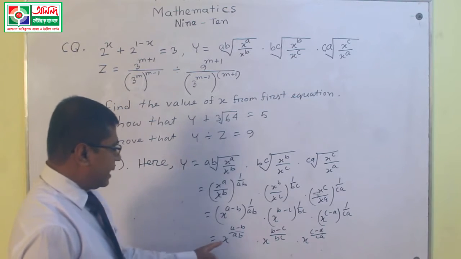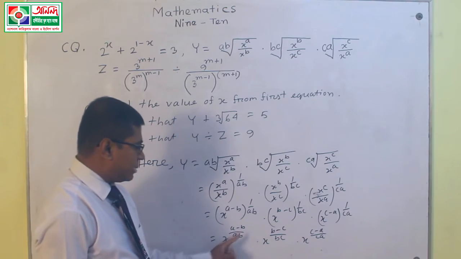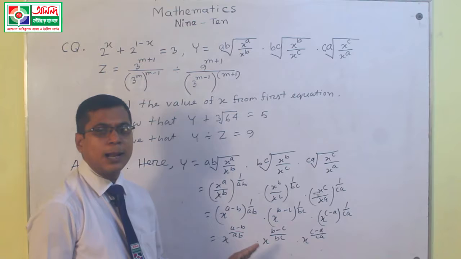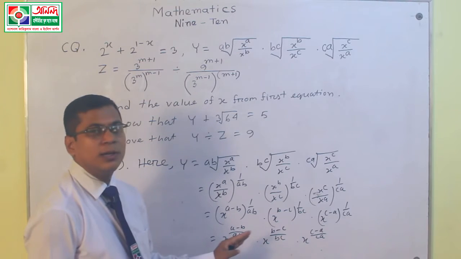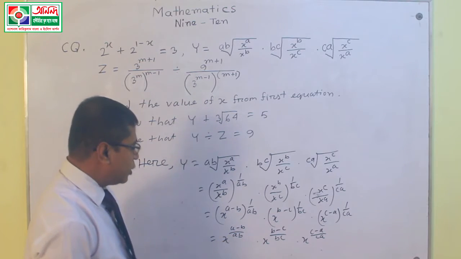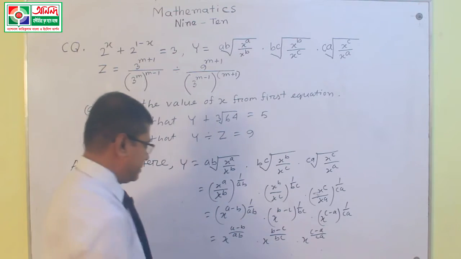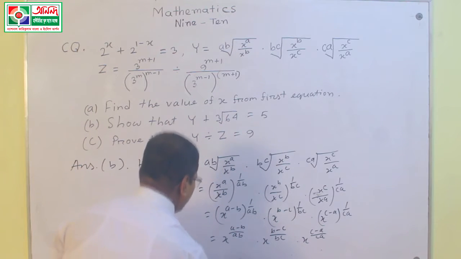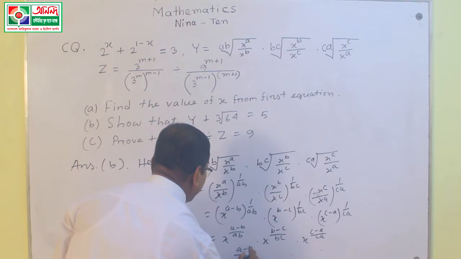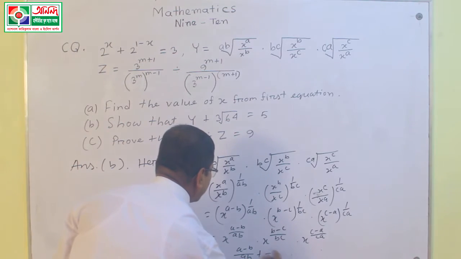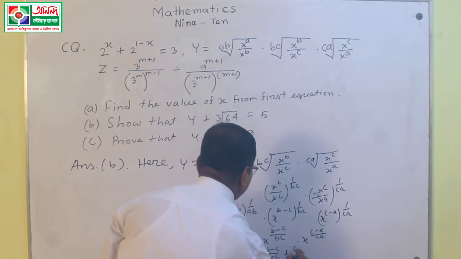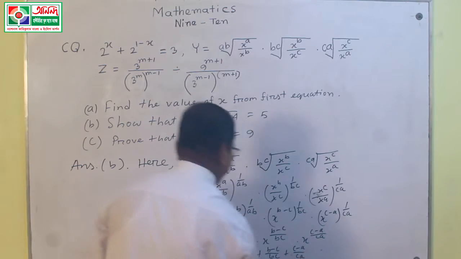Here, look, the bases are the same, x, and the terms are in multiplication form, so we can write only one base and the powers will be added. So you can write x to the power a minus b divided by ab, plus b minus c divided by bc, plus c minus a divided by ca.